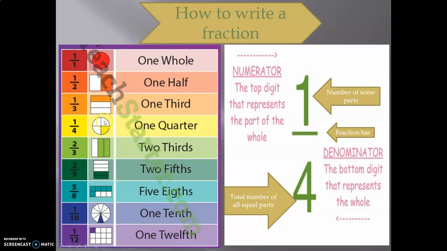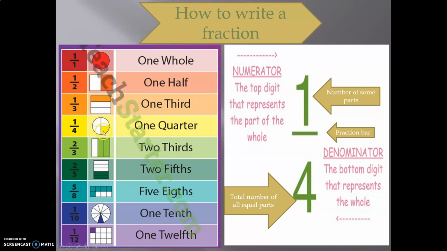Let's go to this circle. It has been cut into 4 equal parts. Each of the 4 equal parts means 1 out of 4. Here I colored 1 out of the whole 4 parts in yellow.